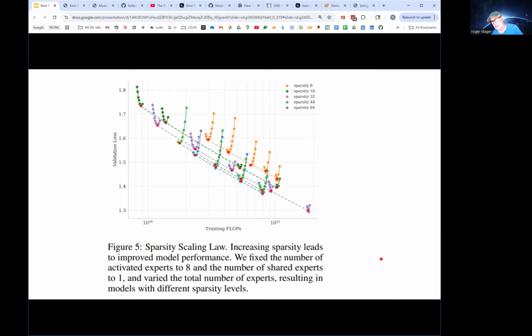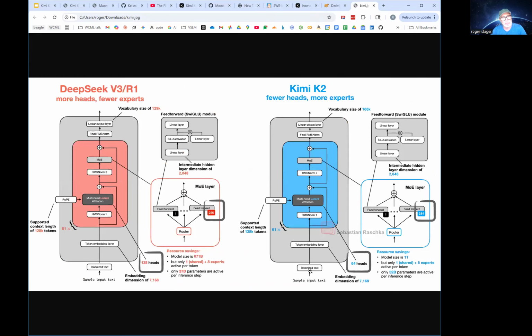The TLDR of that diagram Warren shared in the chat is that the biggest changes they made were more experts and fewer attention heads. The logic behind that is that it halves the quadratic term, which is a huge win for long sequences, and they're trying to make a primarily agentic plus coding model, whose primary use cases are always going to be multi-turn and long context, so they wanted to optimize for that.